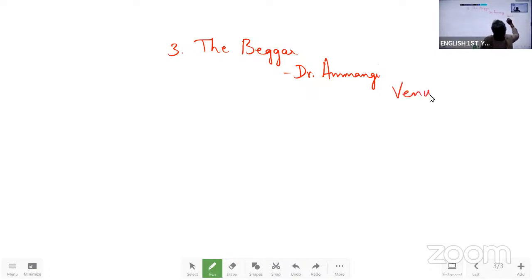This poem, The Beggar, actually is written in Telugu, known as Bichagadu, and it has been translated by Dr. N. Surender.